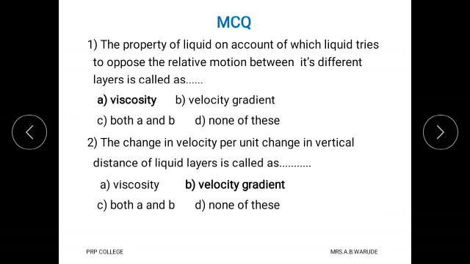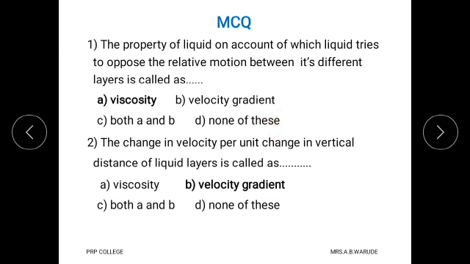Now we solve MCQs on these PPTs. First question: the property of liquid on account of which the liquid tries to oppose the relative motion between its different layers is called as. Option A is viscosity, option B is velocity gradient, option C is both A and B, and option D is none of these.